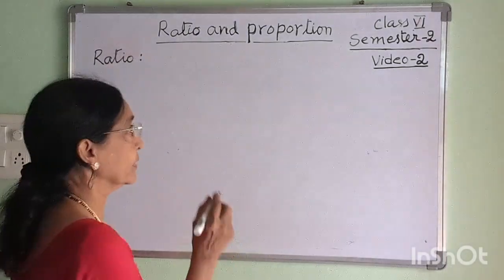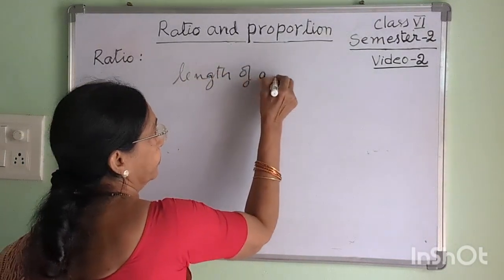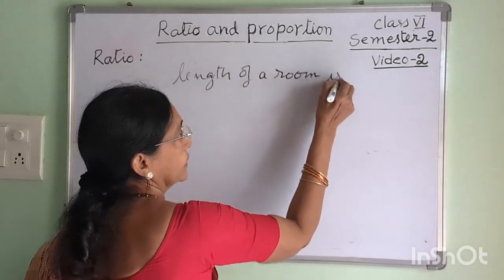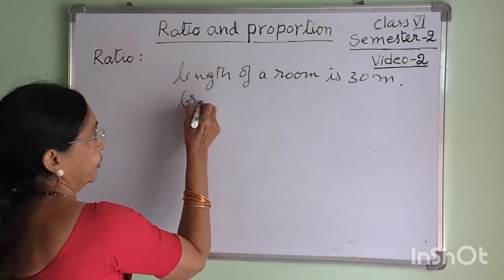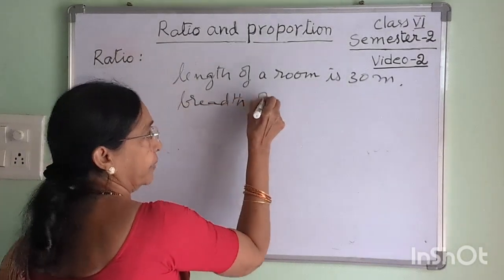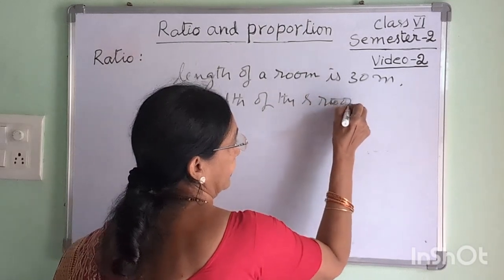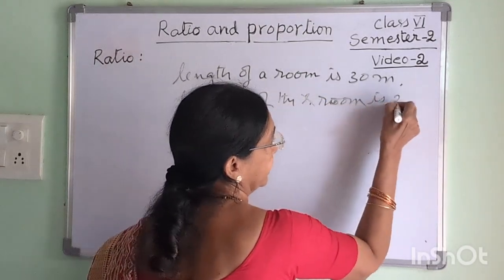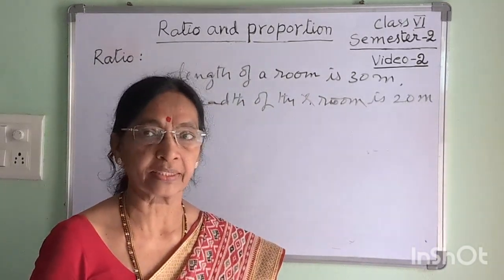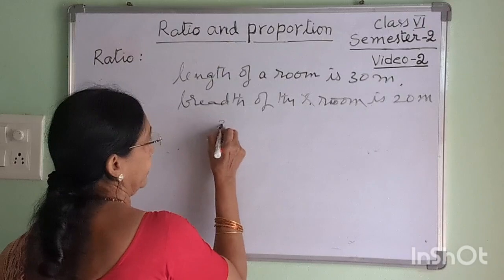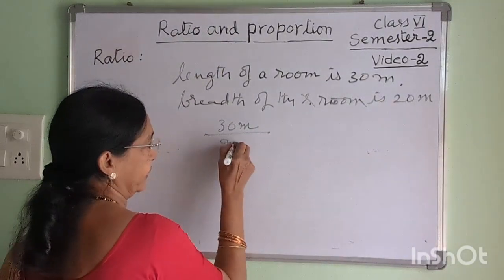So let us consider the length of a room is 30 meters and the breadth of the room is 20 meters. Now find the ratio of the length and the breadth of the room. So length of the room 30 meters by breadth of the room 20 meters.